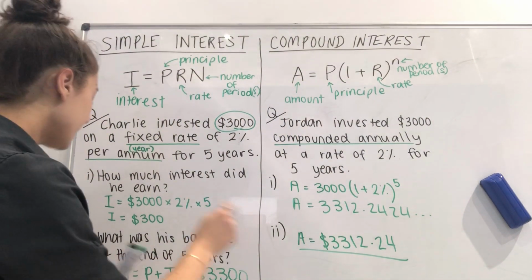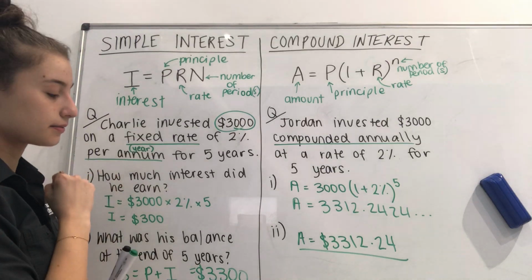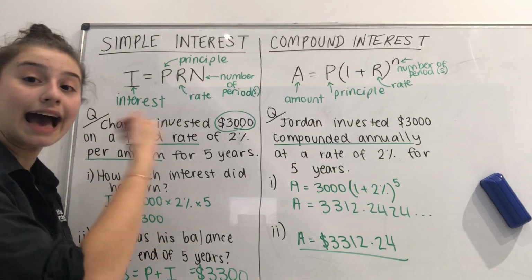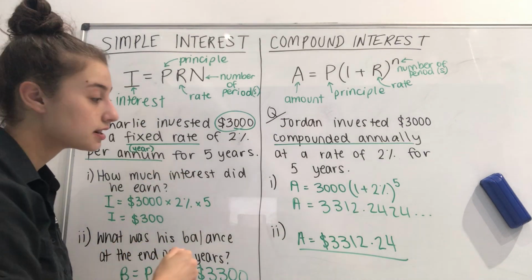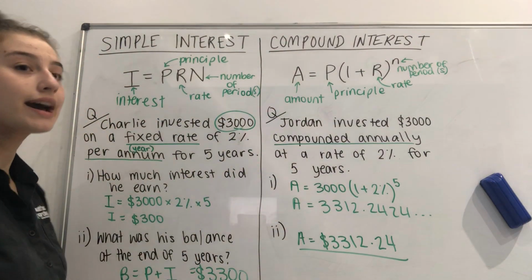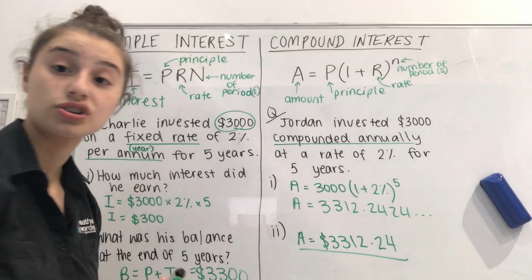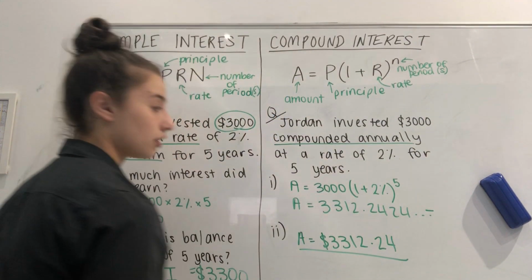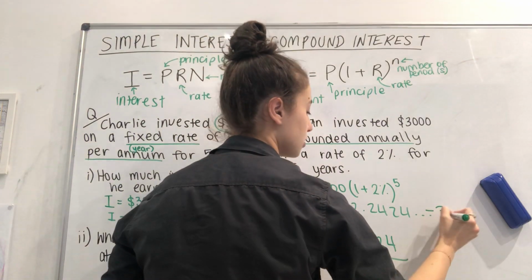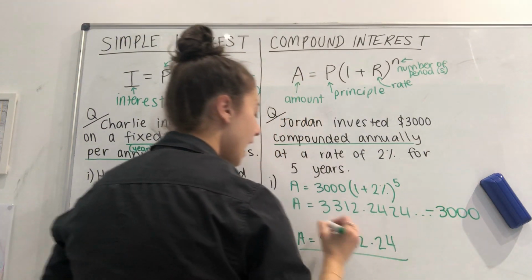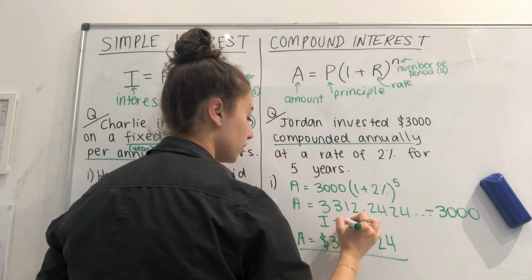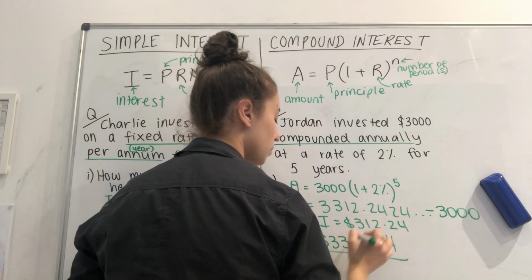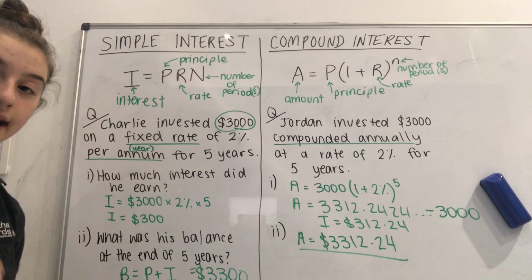So the question is, well then how do we find just the interest? Well, it's kind of the opposite to what we did down here. Down here we added the principal to the interest. In this case, we're actually going to subtract the principal to figure out what the interest component was. So what we do is we minus, okay, the initial amount of $3,000, and we get the interest component, which is $312.24.